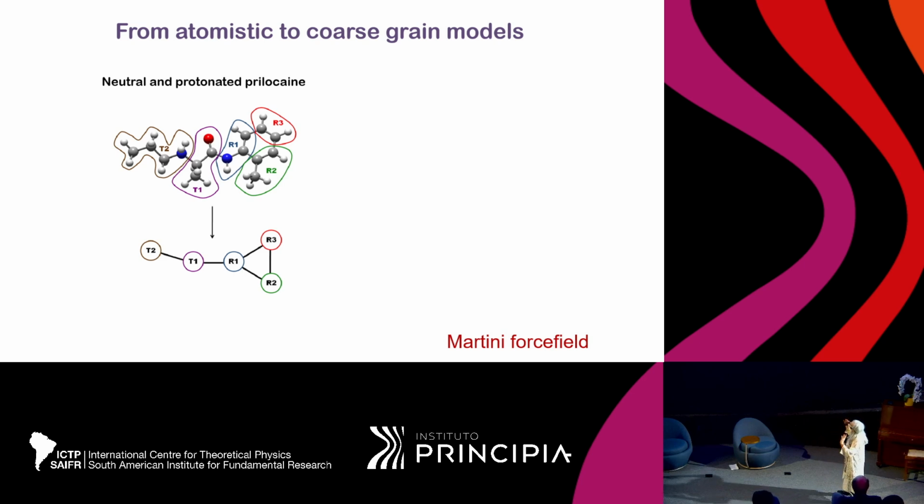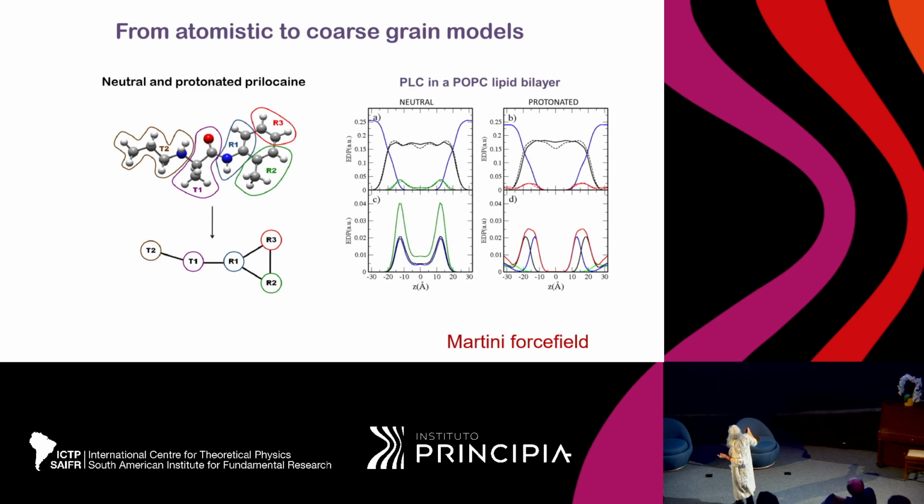In this way, we go from atomistic to coarse-grained models, yes? And we use the Martini force field. There are lipids, water, amino acids in the Martini force field, but not this particular drug. How did we do this? We mapped using some rules, and then we tried to reproduce atomistic simulations using this coarse-grained model, and you define the tuning to get the same or similar results that fit the atomistic simulations.